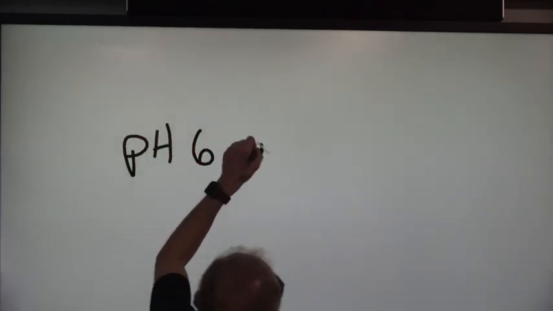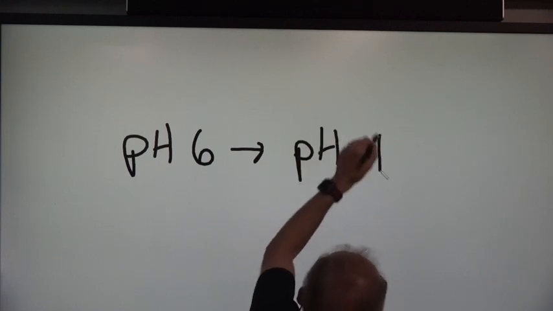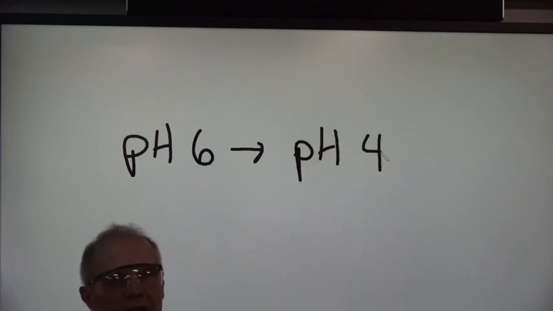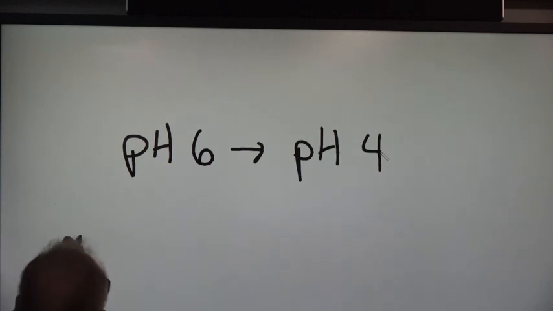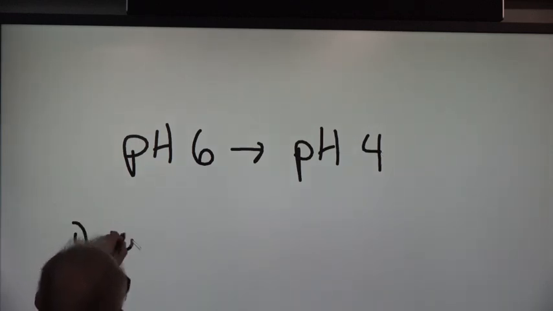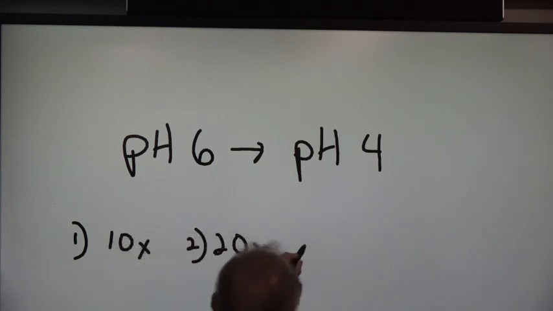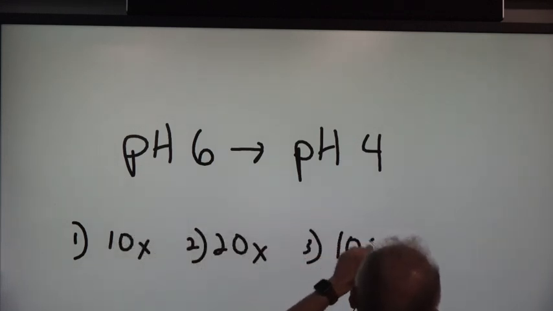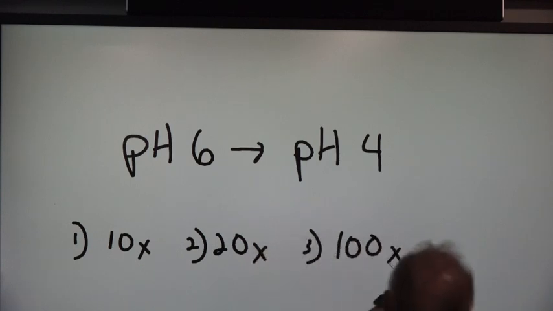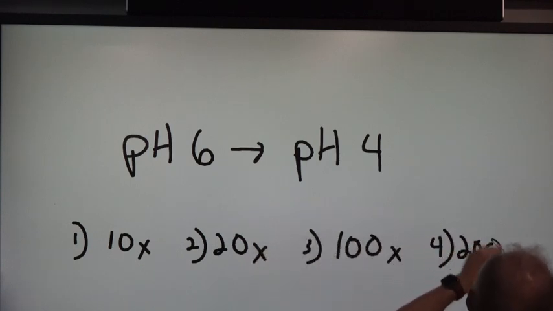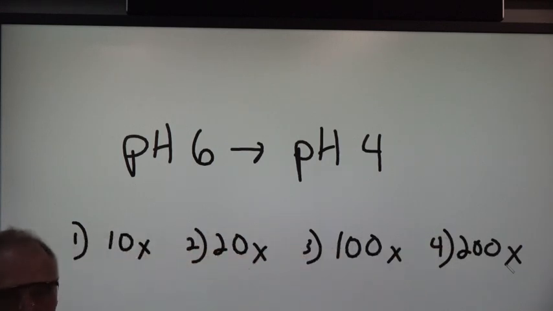The second bonus was, so the grape farmer soil needed to go from a pH of 6 to a pH of 4. So that means it's getting more acidic. Now your choices were 10 times more H pluses in 4, 20 times more H pluses in 4, 100 times more H pluses in 4, and 200 times more H pluses in 4.